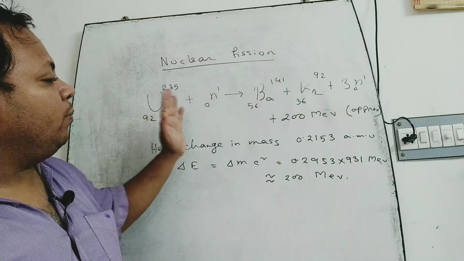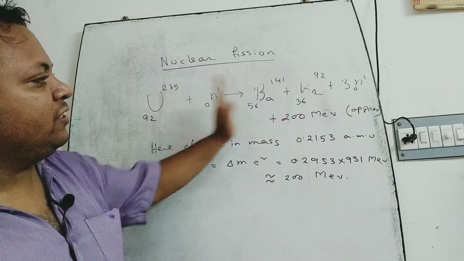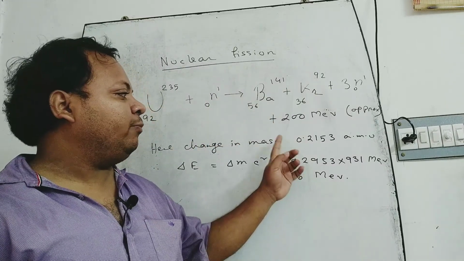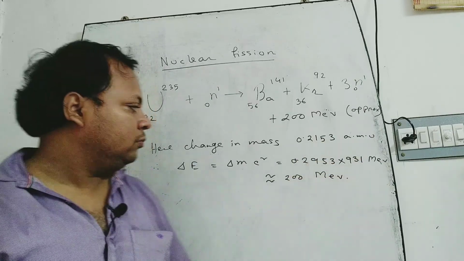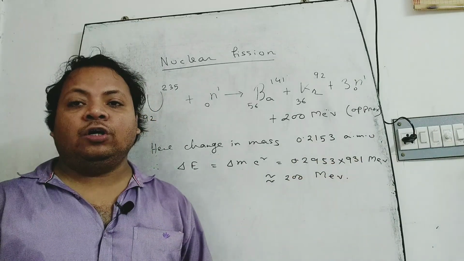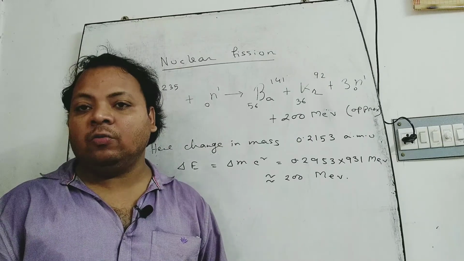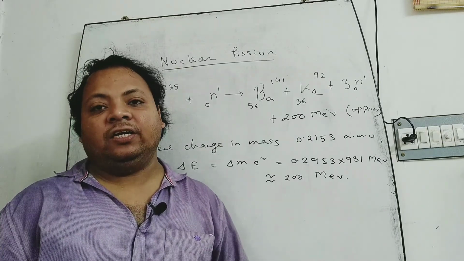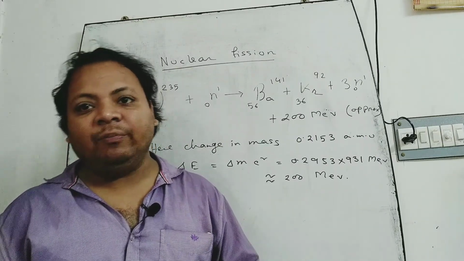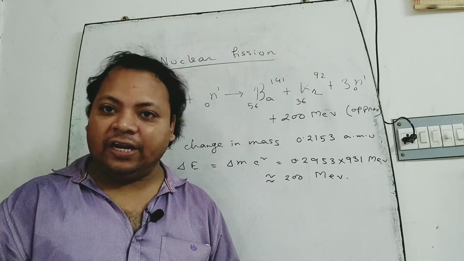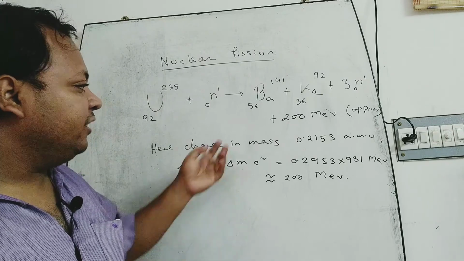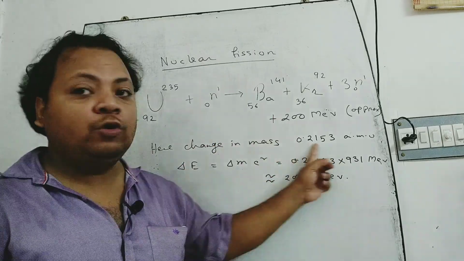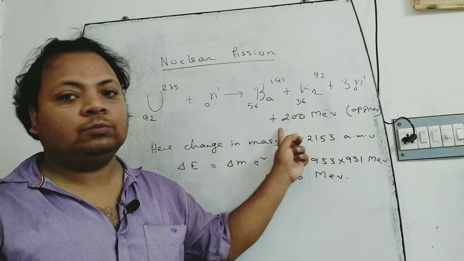Here the change of mass in this reaction is approximately 0.2153 AMU. According to Einstein's special theory of relativity, mass can be changed into energy. That's why this change in mass produces energy.